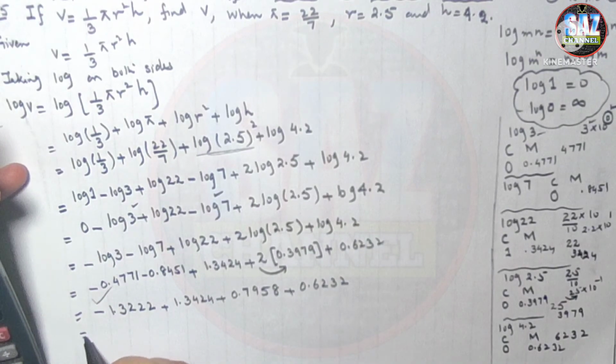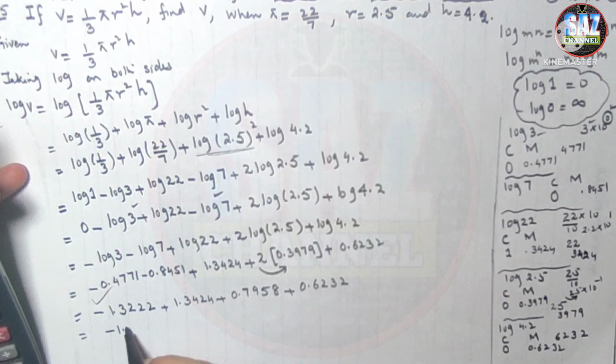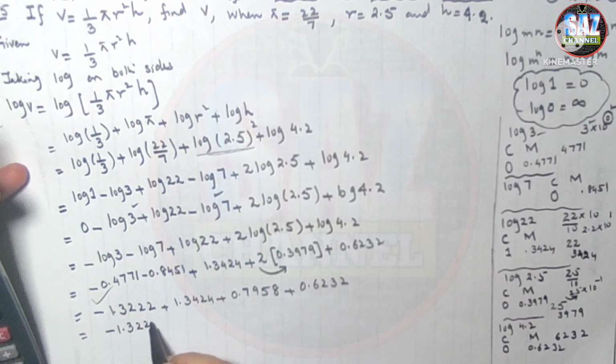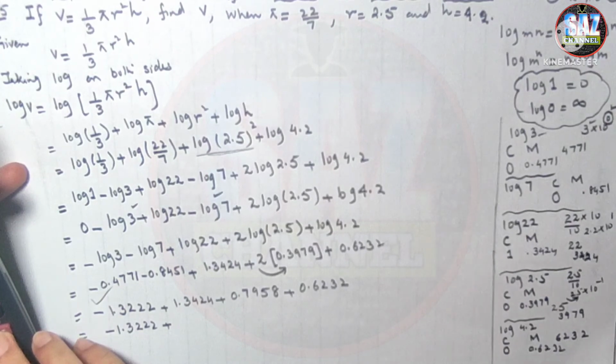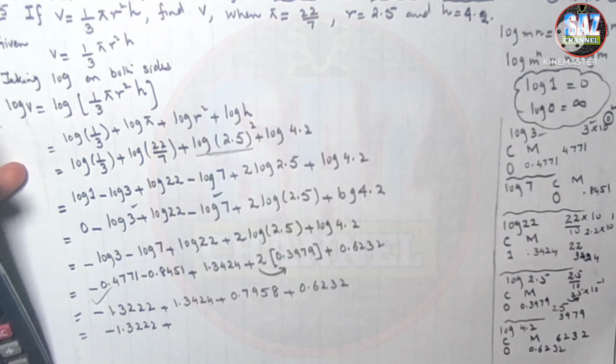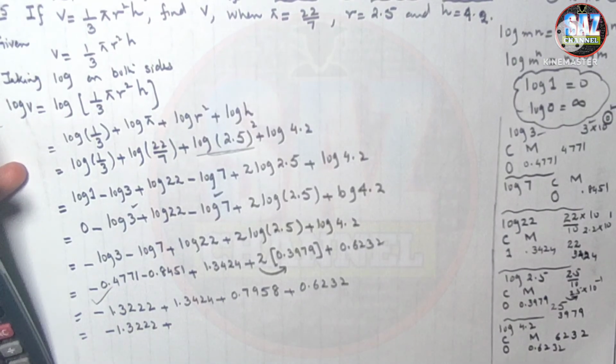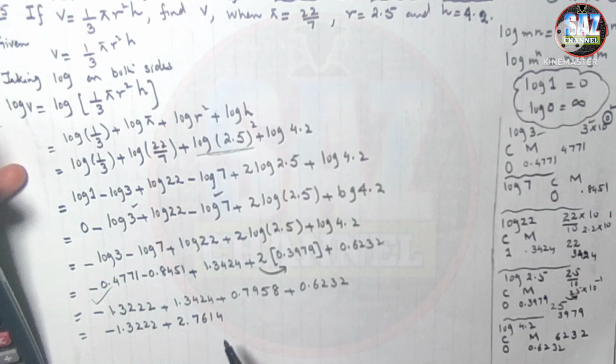Okay, now first let me add up all the positive values. 1.3424 plus 0.7958 plus 0.6232, and this gives me 2.7614.